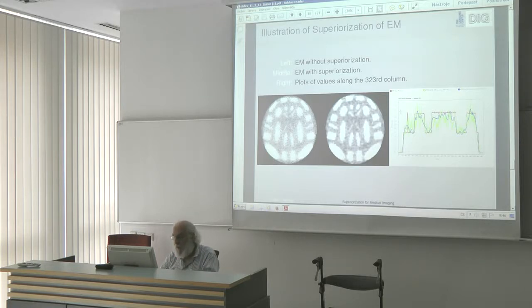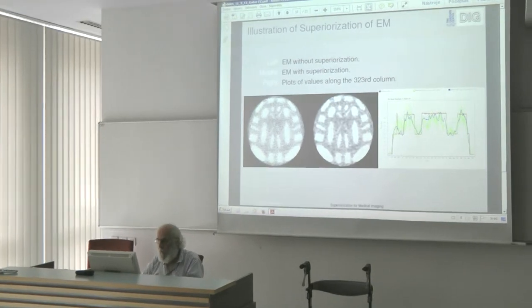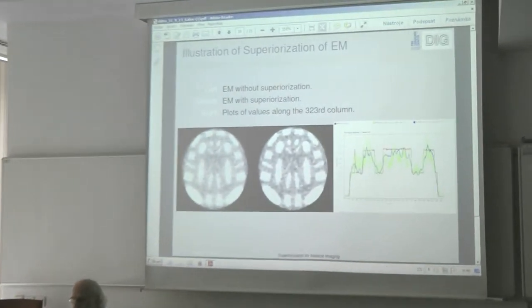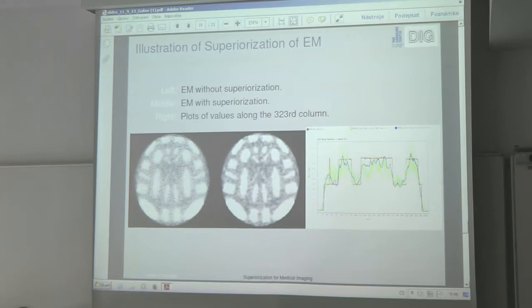And to see better where the differences are, I plotted the values along the 323rd column, which is approximately here. And the red is the values in the phantom, which I'm not showing.